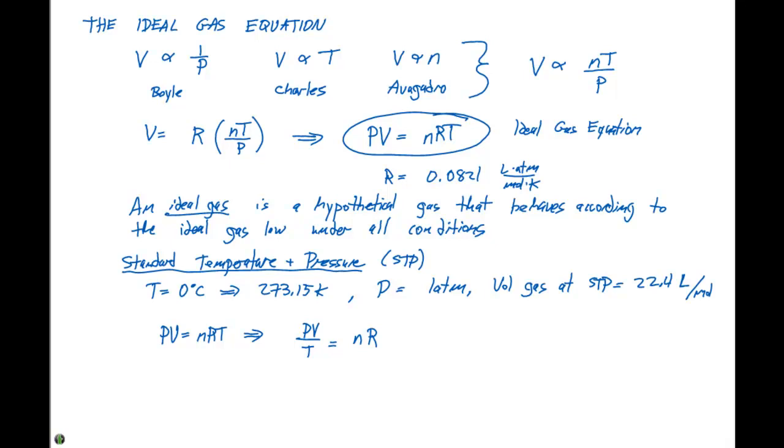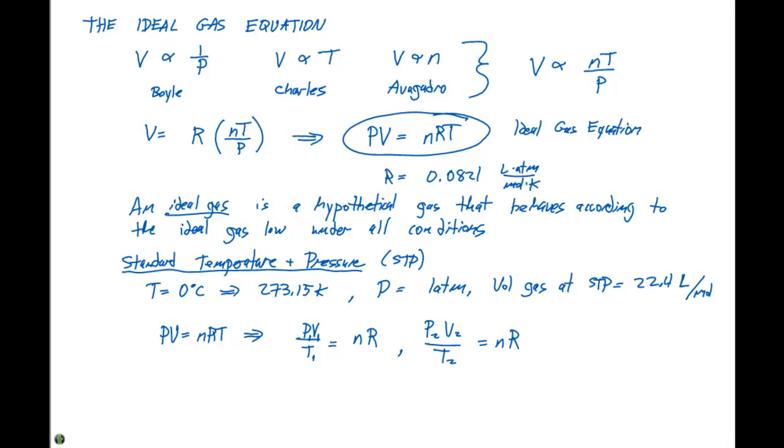So if we start at a first set of conditions where P1 V1 over T1 is going to be equal to NR, we can then change the conditions of the pressure, the volume, and the temperature. I'm going to say those are P2 V2 over T2. This is also going to be equal to NR.